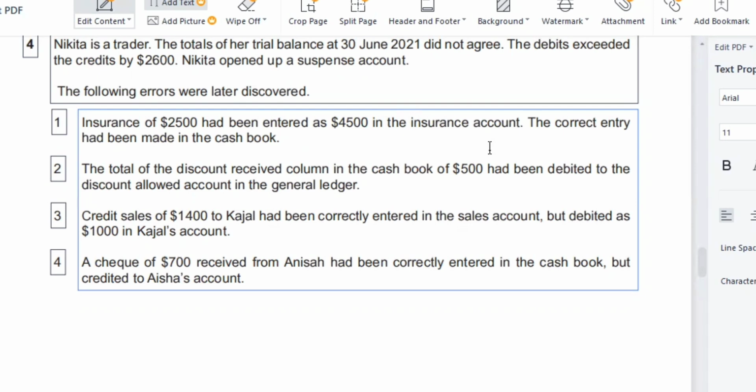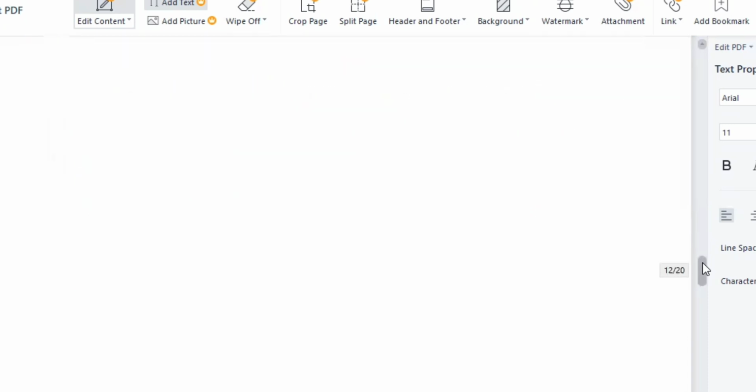So the correct entry would be insurance account debit, cash credit. As cash is correctly entered and we have recorded insurance of 4500, although it was 2500, we have exceeded the insurance account by 2000. 4500 minus 2500, so the wrong entry is insurance 4500, so we have to deduct it by 2000 to make it 2500.